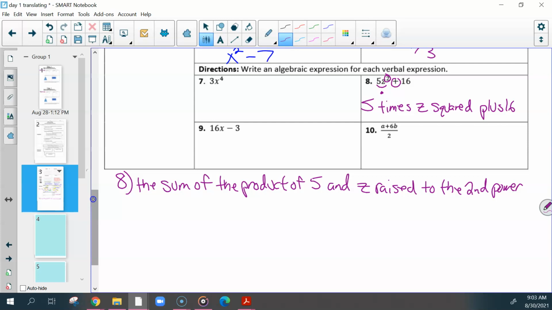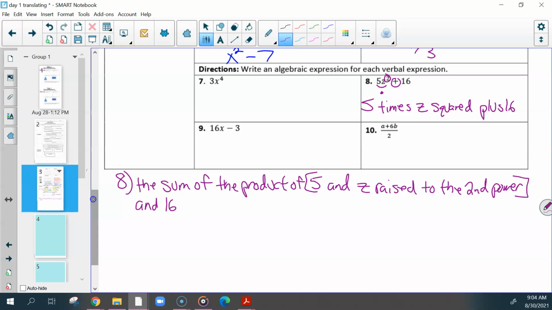So this tells me what 2 things I'm multiplying. Now I need to say what 2 things I'm adding. So the sum of the product of this and 16. That would be me putting all of those operations together in a much longer wording.